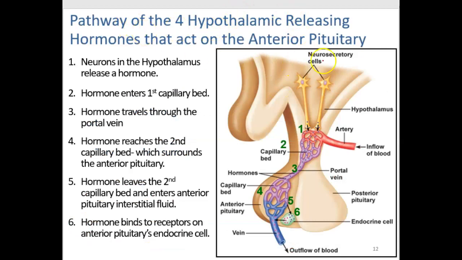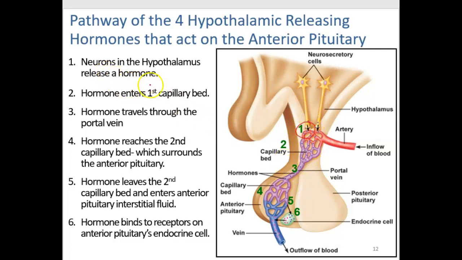So let's just review these four hypothalamic hormones that enter the hypophyseal portal system to act on the anterior pituitary. First, all the hormones are made by neurons and released into this first capillary bed.